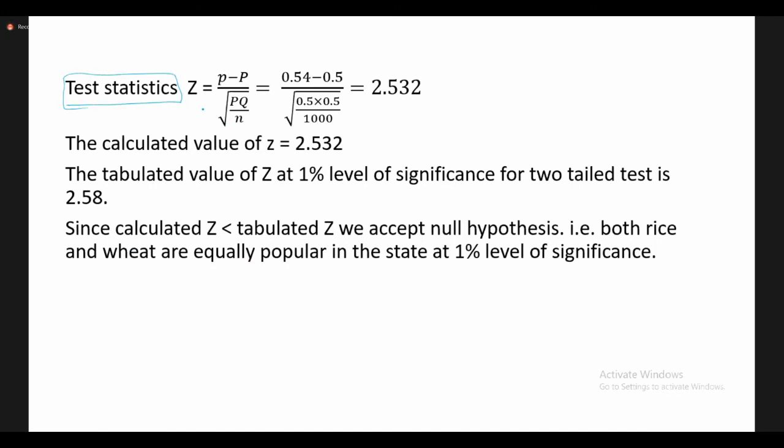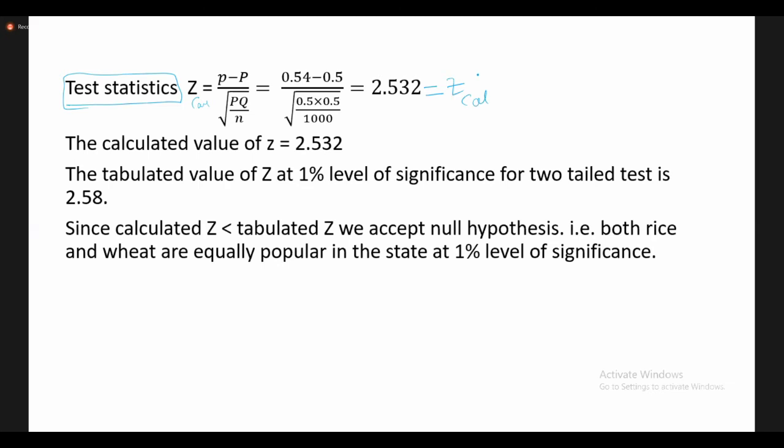Test statistic Z calculated is small p minus capital P by under root of PQ by N. All of you substitute those values and tell me what is the Z calculated. Once all of you check, did all of you get the same thing or not?